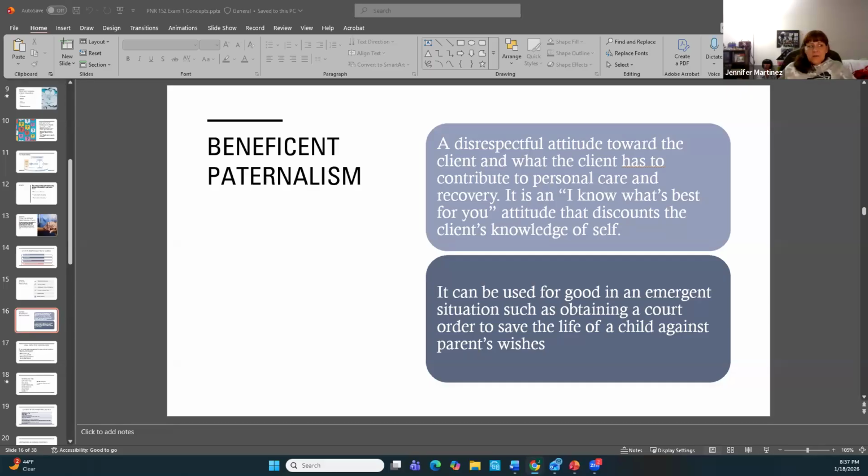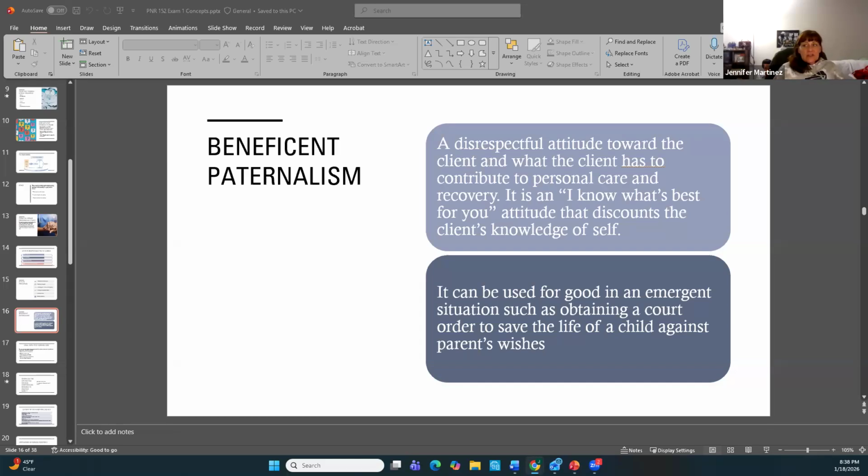The only time beneficent paternalism is justified is in an extreme circumstance, and most often it's a medical decision. So we can go to court and get a court order to save the life of a child against parents' wishes, right? There have been times where parents have refused potentially life-saving treatments or procedures for their children.